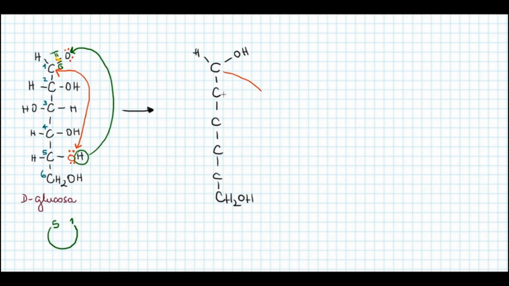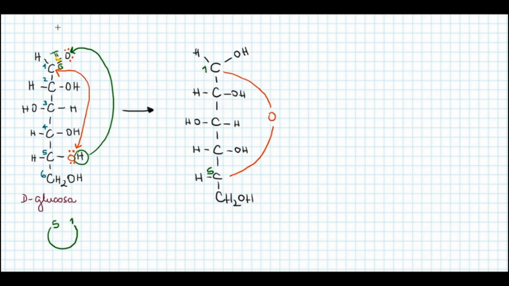Carbon 2 and carbon 3 are unaltered, carbon 4 is unaltered, and carbon 5 has a hydrogen to the left and a bond to the oxygen that joins carbon 5 with carbon 1.